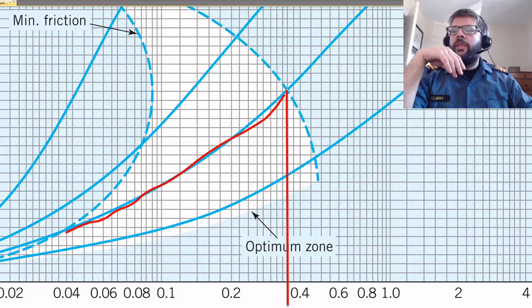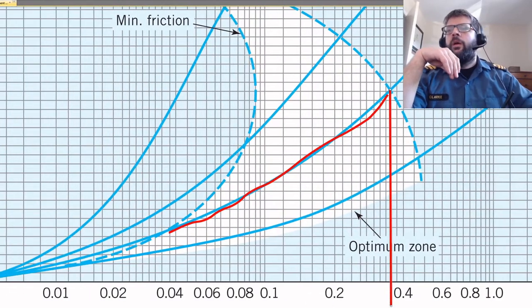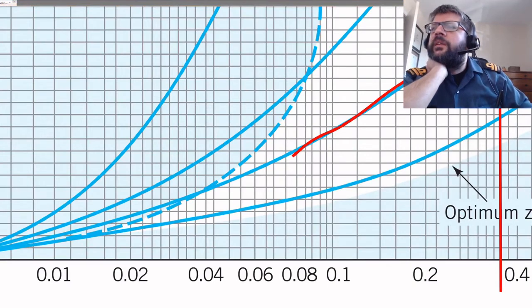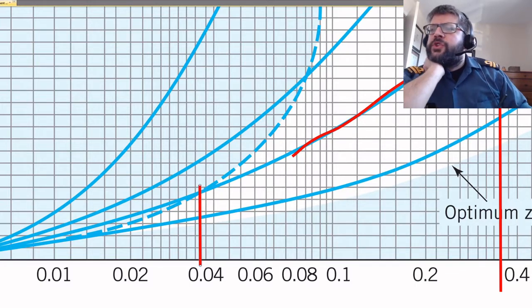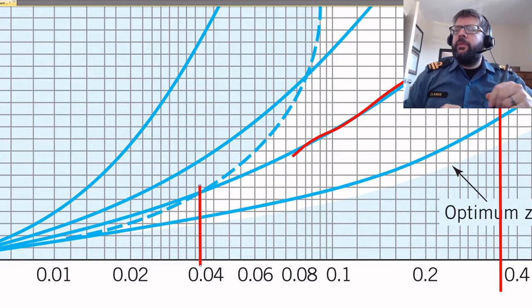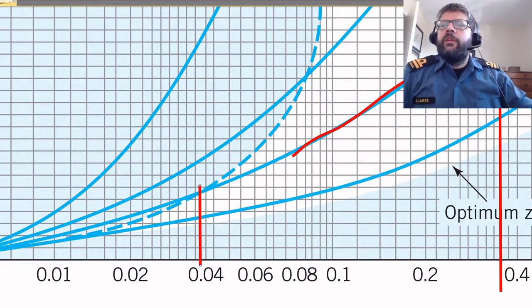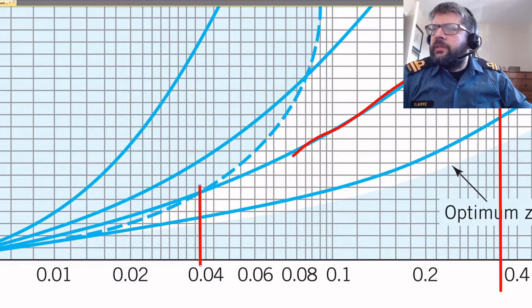And then on the bottom end, looking closely where this line intersects, it looks to me to be about there. Based upon the scale, I think we're looking at about the 0.036 range, 0.037 range.